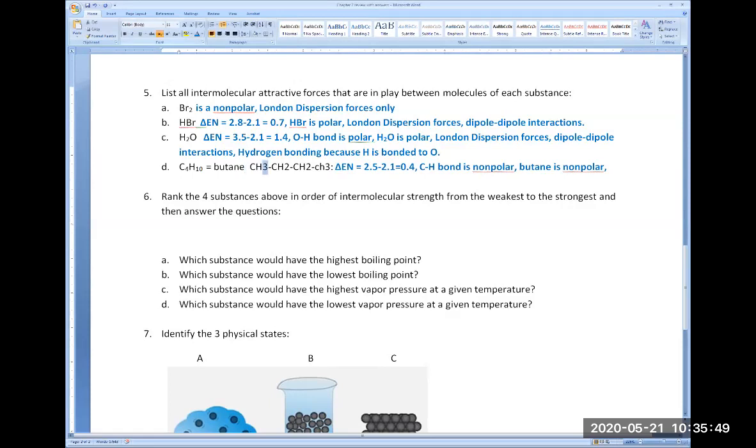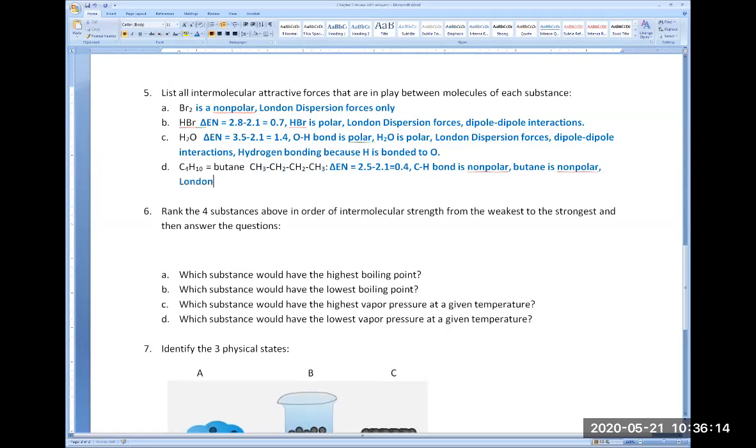It's a chain of carbons, and each carbon has hydrogens bonded to it to complete its octet. So it's just a chain of carbons bonded, with hydrogens around them. So it's non-polar.